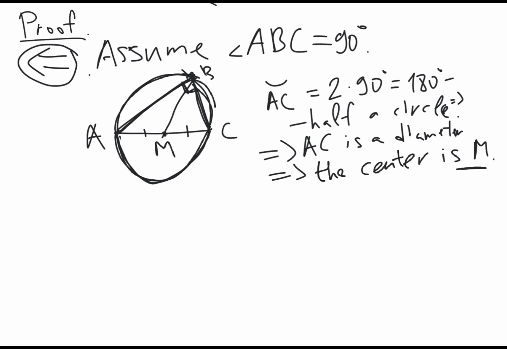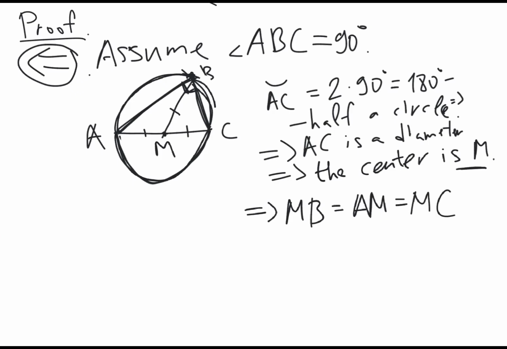But if it's a center, then MB is simply equal to the radius of the circle, which is also equal to AM and MC.